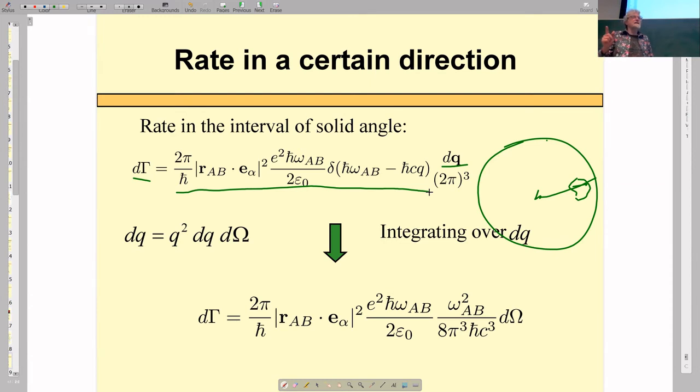I need to integrate it over three-dimensional K. 2 dimensions go to solid angle. 1 dimension stays in the delta function.